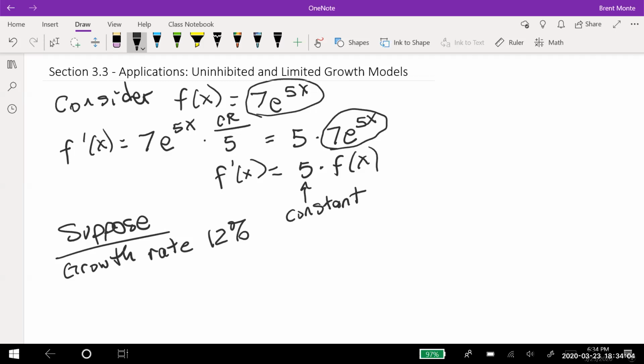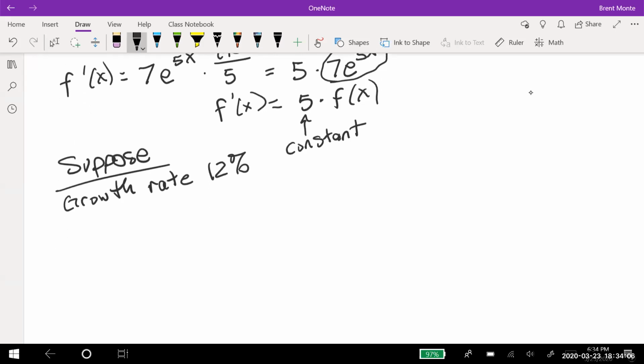If our growth rate is 12%, that means the next month, let's call it the next year, I think that might be a better way to say it. 12% per month would be an awfully big growth rate. So next year, we're going to have 12% of whatever we currently have. We'll call it P of X. Maybe it's our profit. So we've got 12% back of what we just did.